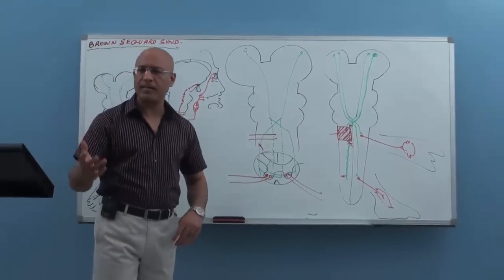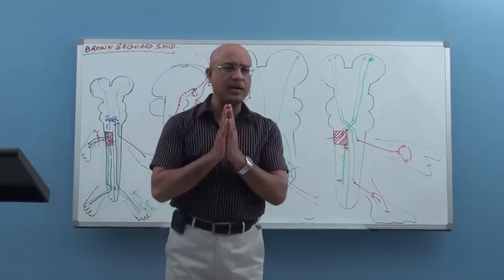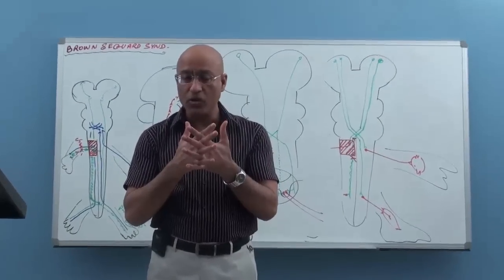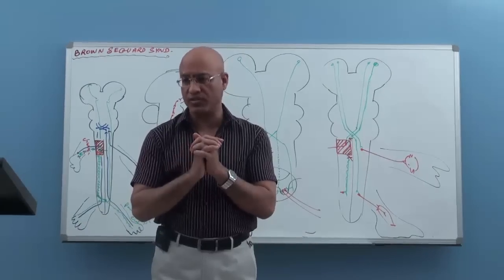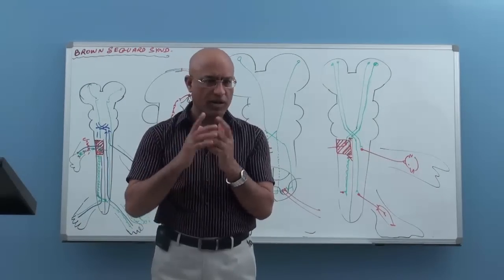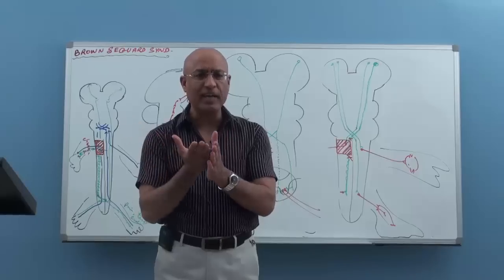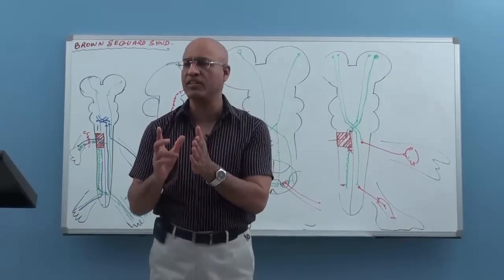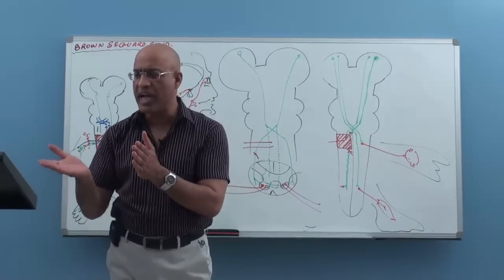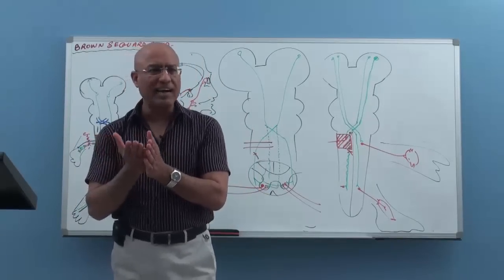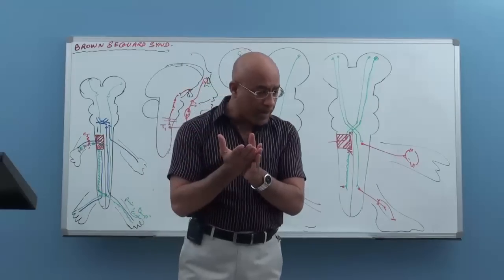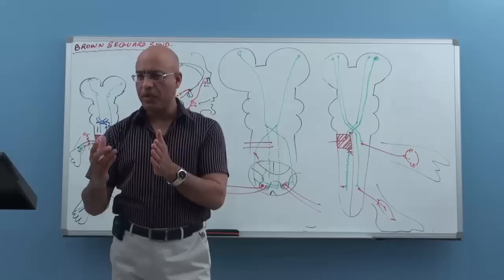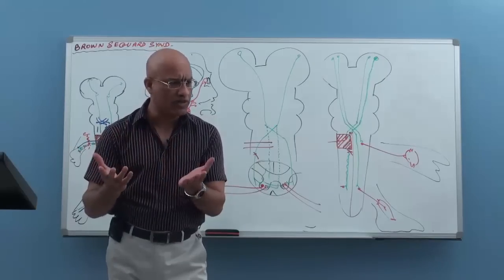So now we come to the end, again a recap. What are the causes of Brown-Sequard syndrome? Hemisection of the spinal cord. Remember, a clean-cut hemisection is clinically not seen commonly, but partial hemisection is seen commonly. So a patient may less commonly have a classical complete Brown-Sequard syndrome, but more commonly a partial Brown-Sequard syndrome.